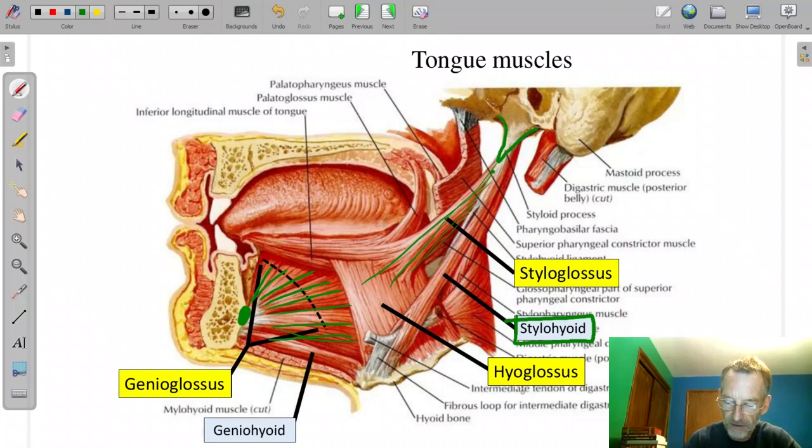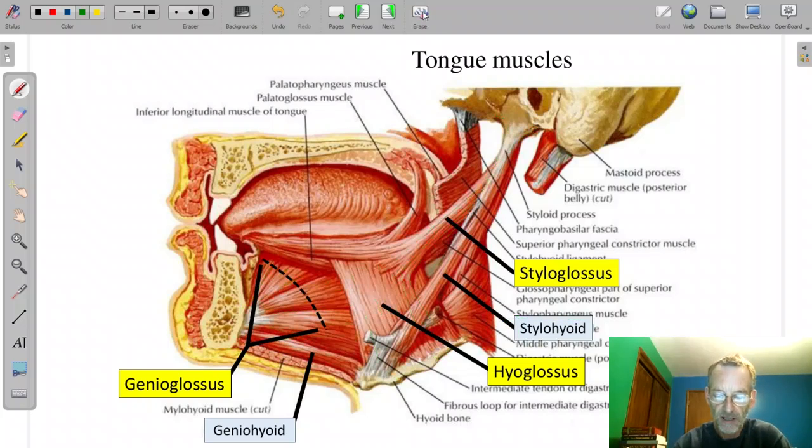But back to the third tongue muscle, the hyoglossus, originating on the hyoid bone and then fanning up into the tongue. Okay? So those three are extrinsic muscles of the tongue.